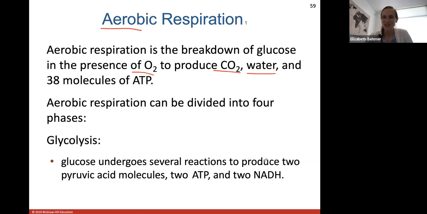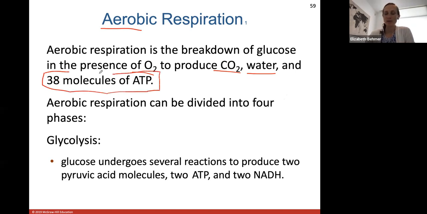In order for our body to get rid of them, we can exhale. And that process of exhaling is the way that our body gets rid of carbon dioxide and water, which is always a waste product of aerobic respiration. During aerobic respiration, so in the presence of oxygen, we can produce up to 38 ATP.